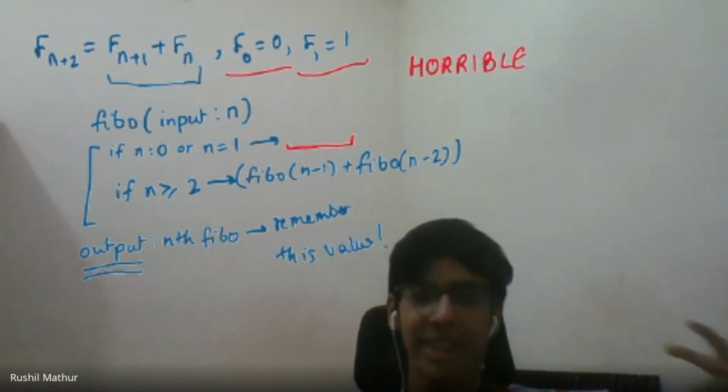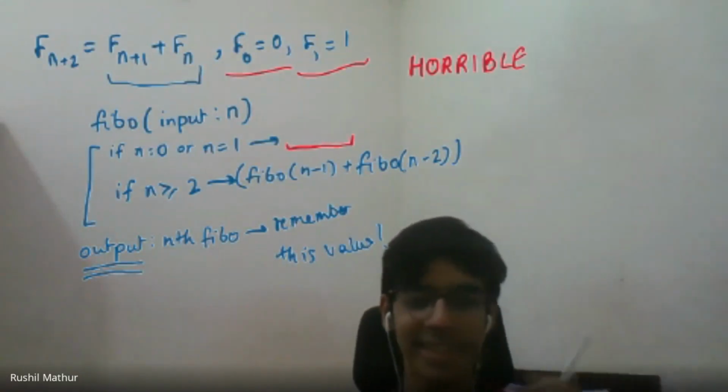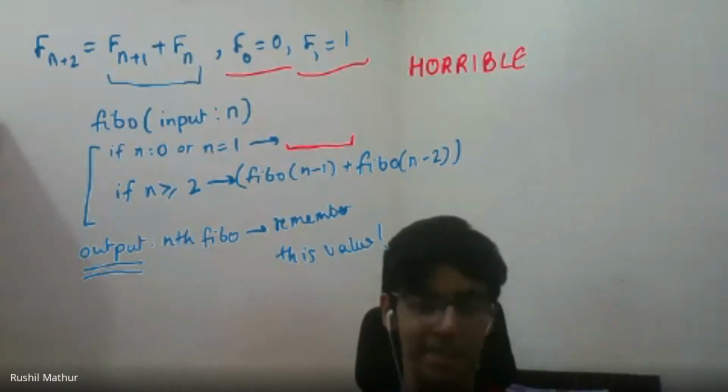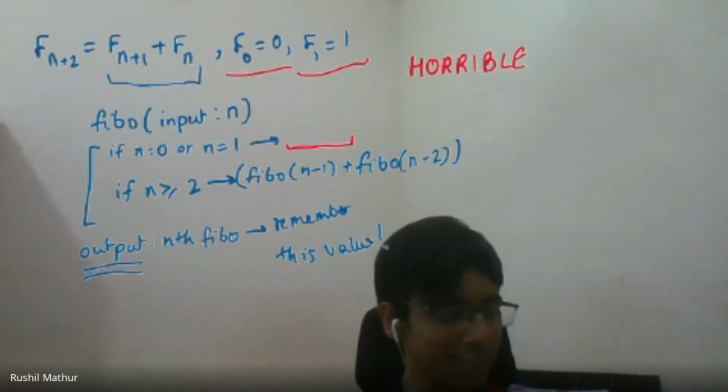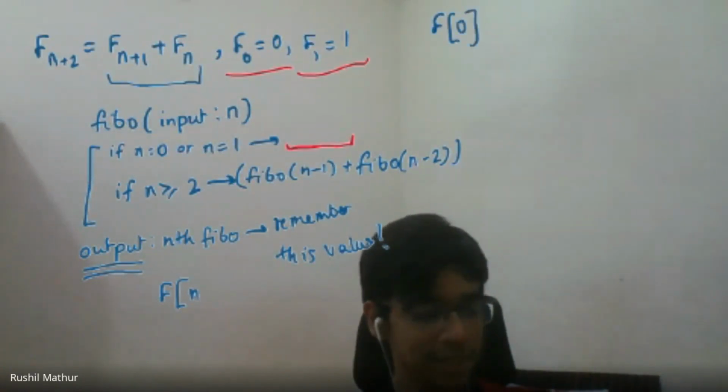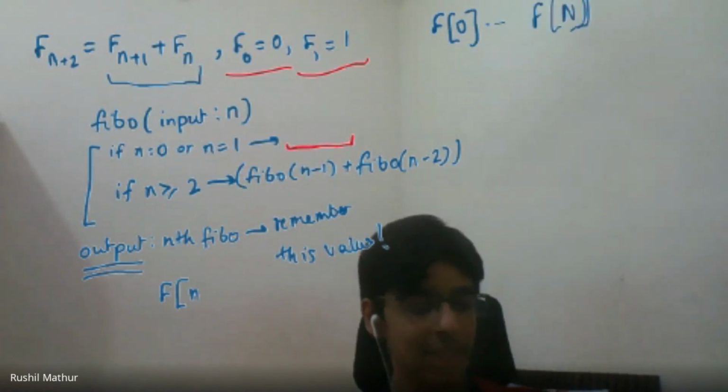Let's say you have an array, which is basically a list of variables with indexes from 0 to n minus 1. So originally, let's say, you have an array of f from 0 to n, and you have defined each of these equal to minus 1.